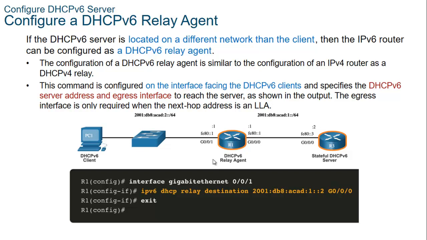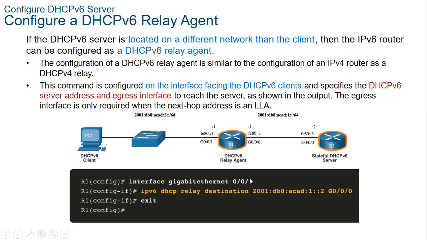So how do we configure this router to be a relay agent? The configuration of a DHCP version 6 relay agent is similar to the configuration of an IP version 4 router as a DHCP version 4 relay. This command is configured on the interface facing the DHCP version 6 clients. It specifies the DHCP server address and also the egress interface to reach the server. Okay, let's look at an example. R1, interface gigabit Ethernet 0/0/1.